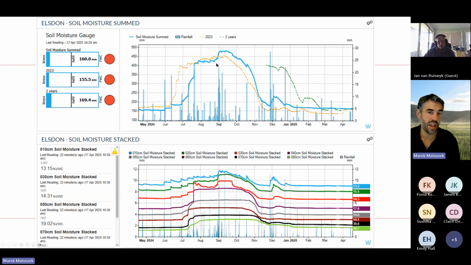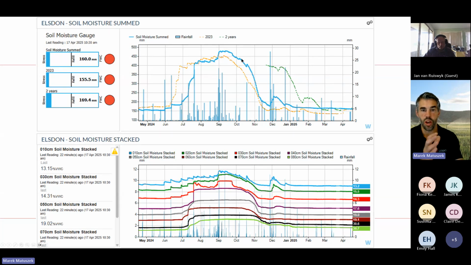And technically we still don't know our winter refuel point. We can assume that this is it, but if it is, we only got there in September, which usually we're getting there around that June-July period. So this dry period here meant we had pasture growth in August, which you never had before.